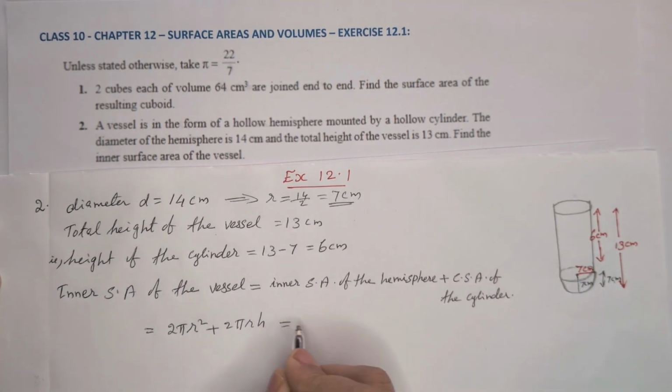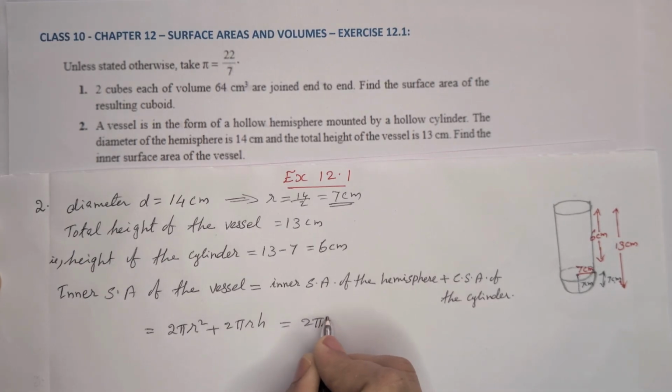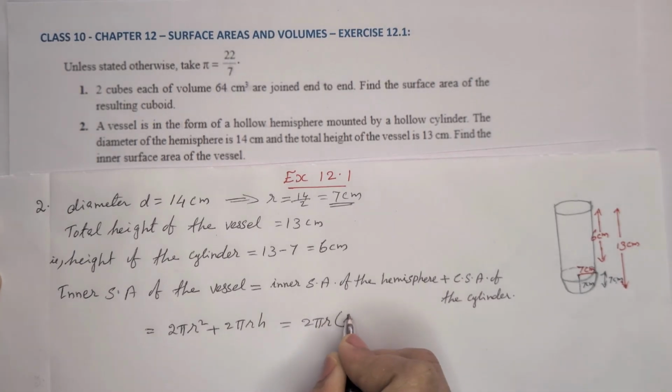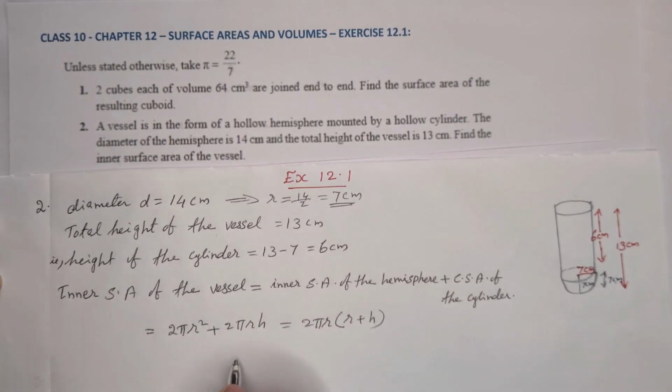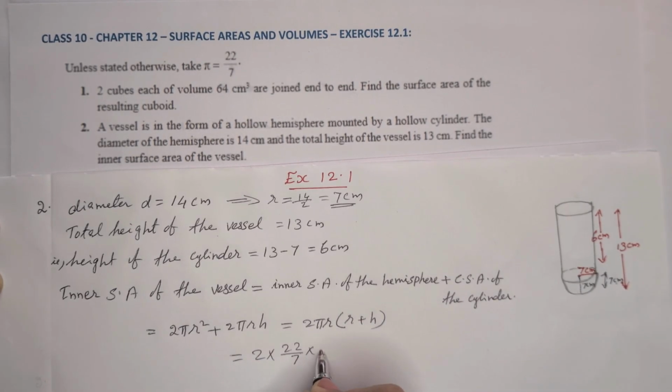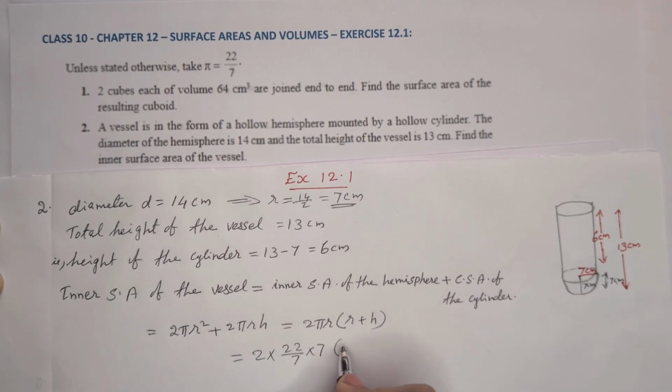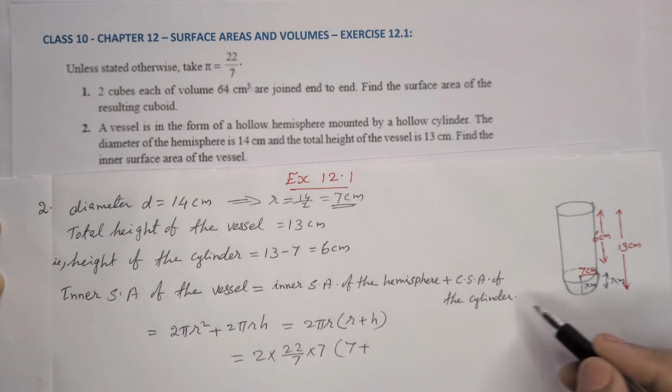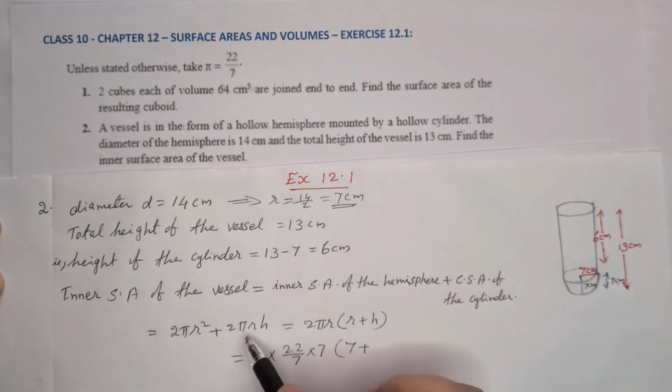So we can write this as 2 pi r, we can take that as common, then (r plus h), which is equal to 2 into pi is 22 by 7, radius is 7, in bracket again radius plus height of the cylinder.